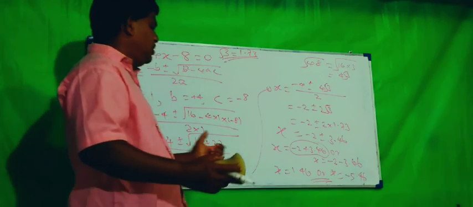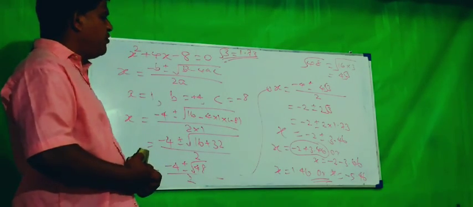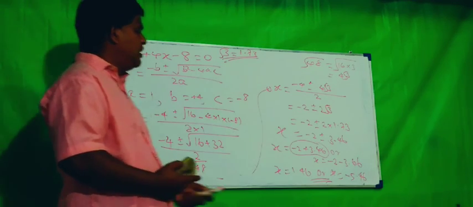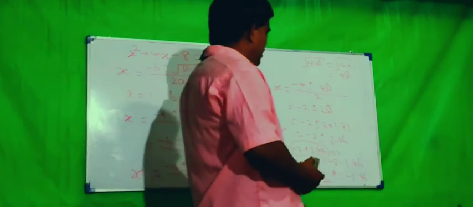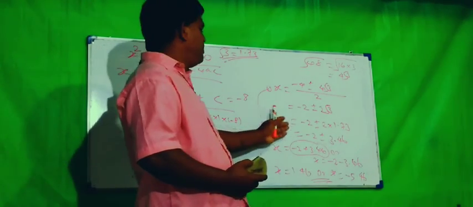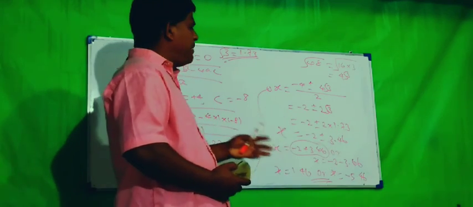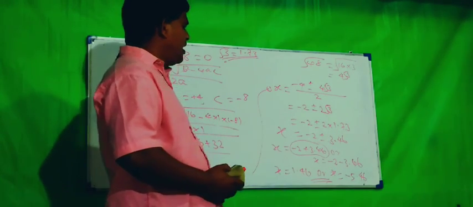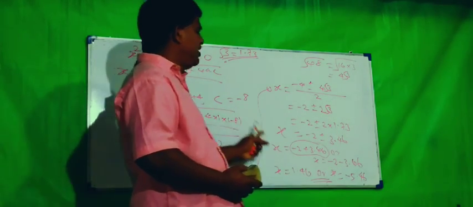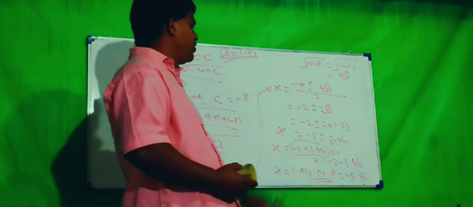Now both these methods should be followed by us, because in the question paper one of these methods may be asked, and then we should select the asked method to solve this equation.